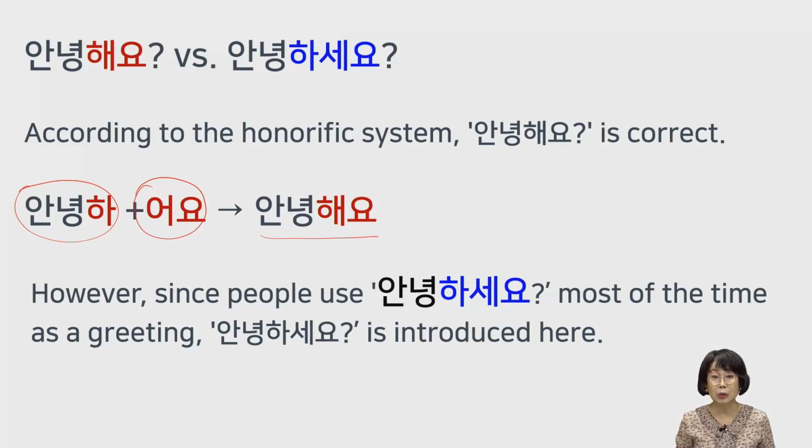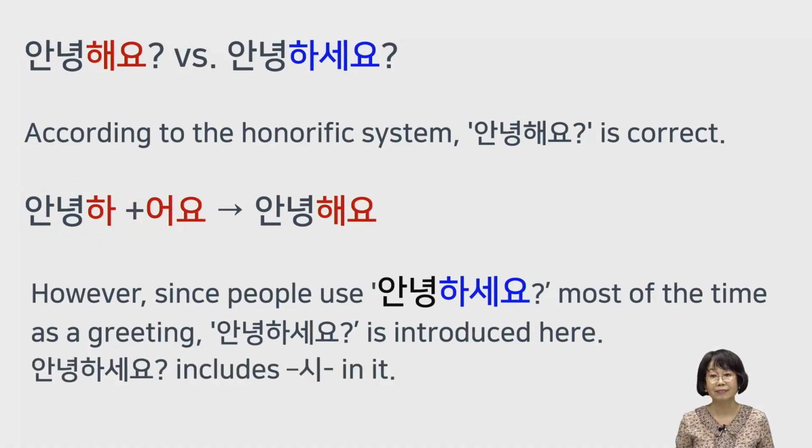However, since people use 안녕하세요 most of the time as a greeting, it is introduced here. 안녕하세요 already includes 시 in it. 시 is the element you can use to express respect to the subject of your sentence.